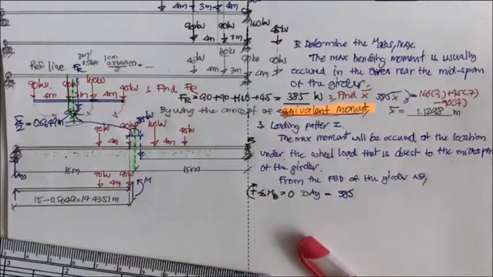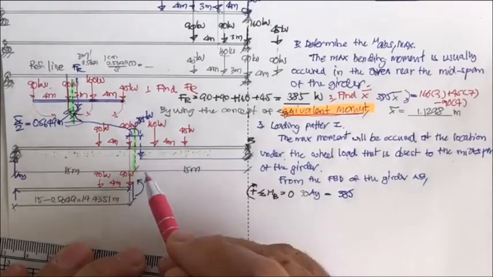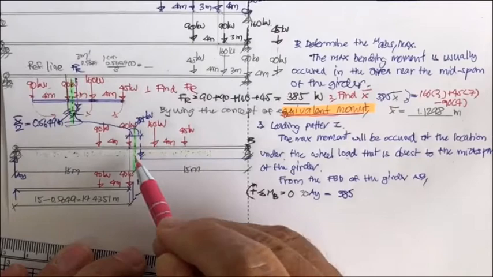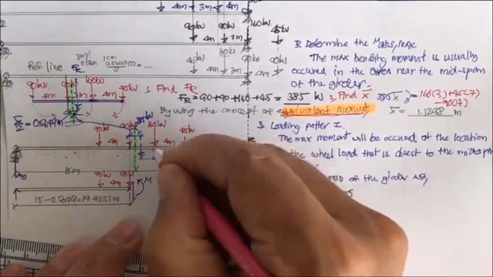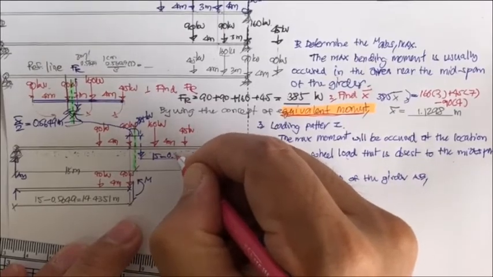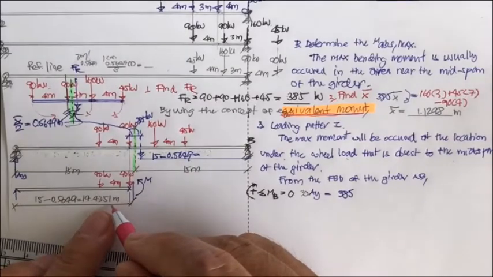You may select to use this, and this is going to be what? Again, this is going to be 15 minus the same one, 0.5649.